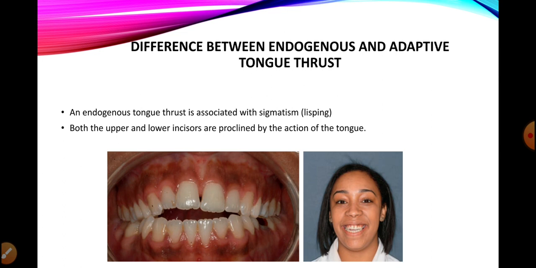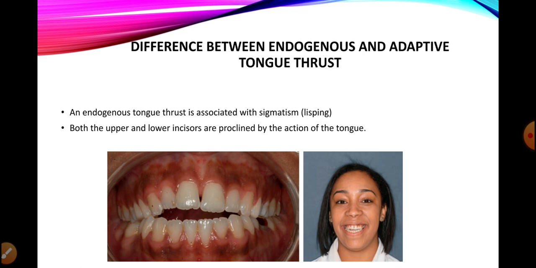Number one, in cases of endogenous tongue thrust, it is associated with sigmatism, and by sigmatism we mean a lisp. The patient will have a lisp when talking. That lisp suggests that this thrust is primary or endogenous tongue thrust.